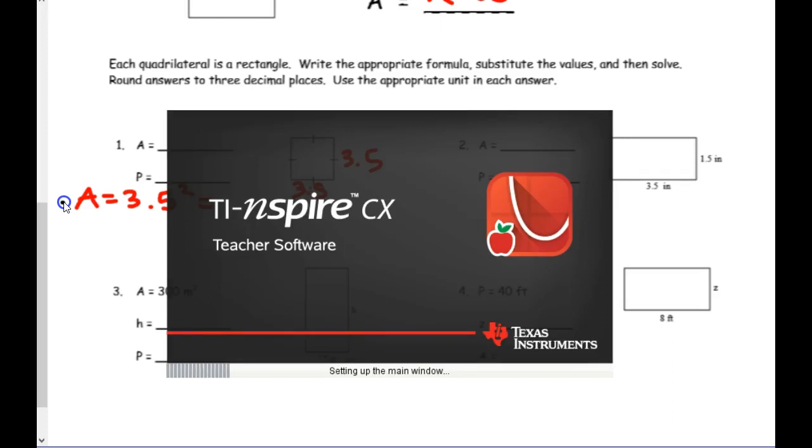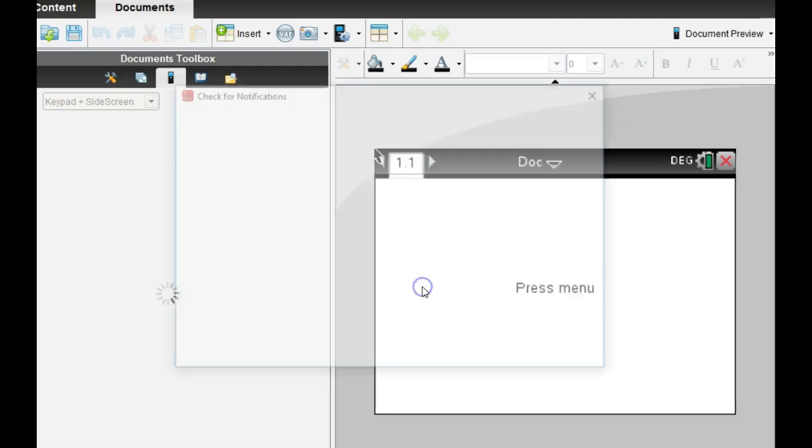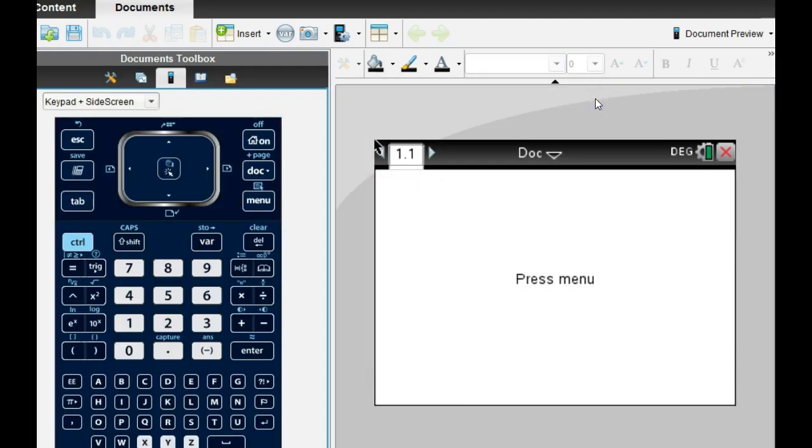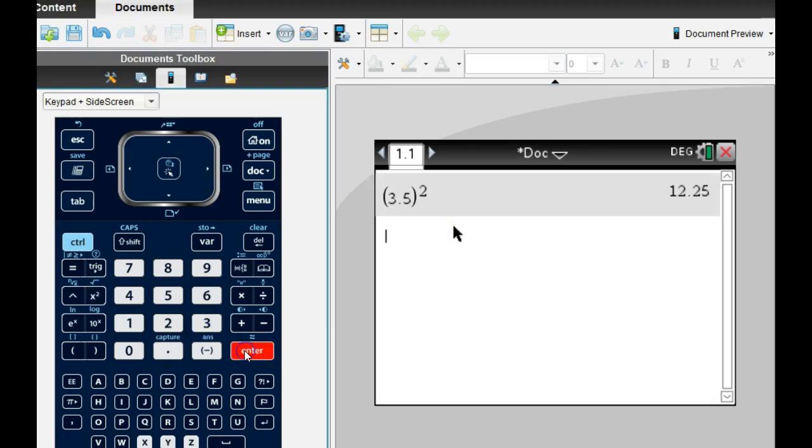What? 10.5? What? 12.25? All right, well, let's find out. Let's do this. All right, 3.5 squared. 12.25. All right, very good.